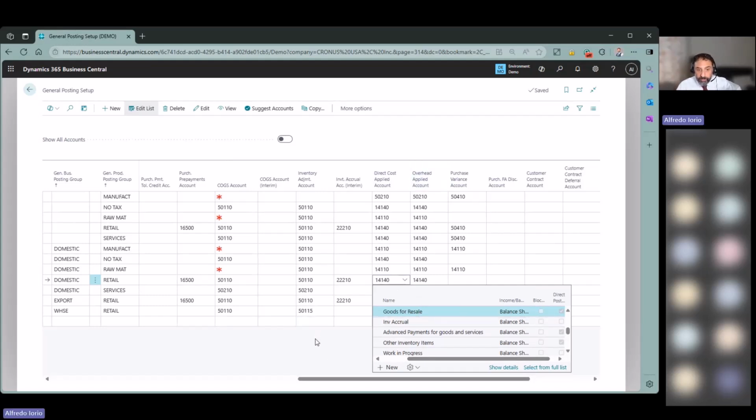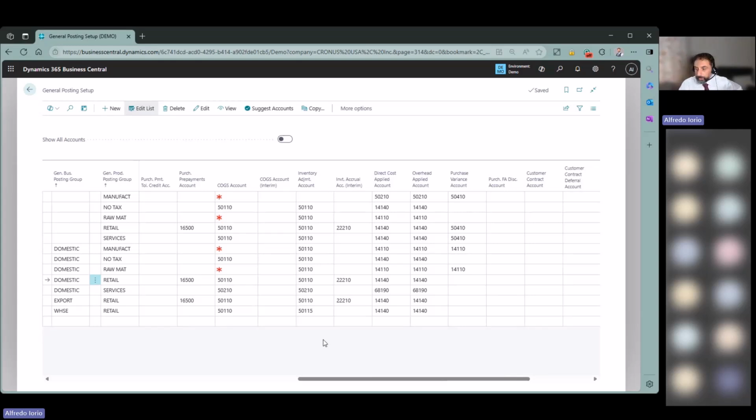Direct cost applied is a cost of sales account. It's an income statement account, at least according to IFRS, the international financial reporting standards. I don't remember exactly how it's called, but anyway, it's the compliance framework for finance and accounting in this part of the world.